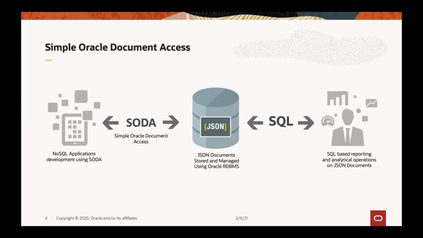They are stored as collections, and SODA offers easy to use NoSQL style APIs to manage collections, access documents, index them, and so on. That does not mean that we are turning off the SQL knob. You could still continue to use SQL to access your JSON documents in the Oracle database. You could use SQL for reporting and analytical operations on JSON documents.